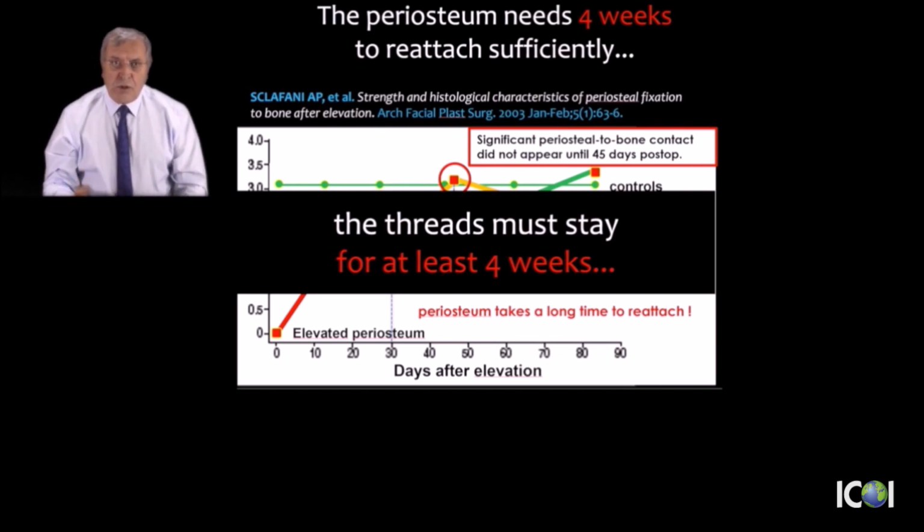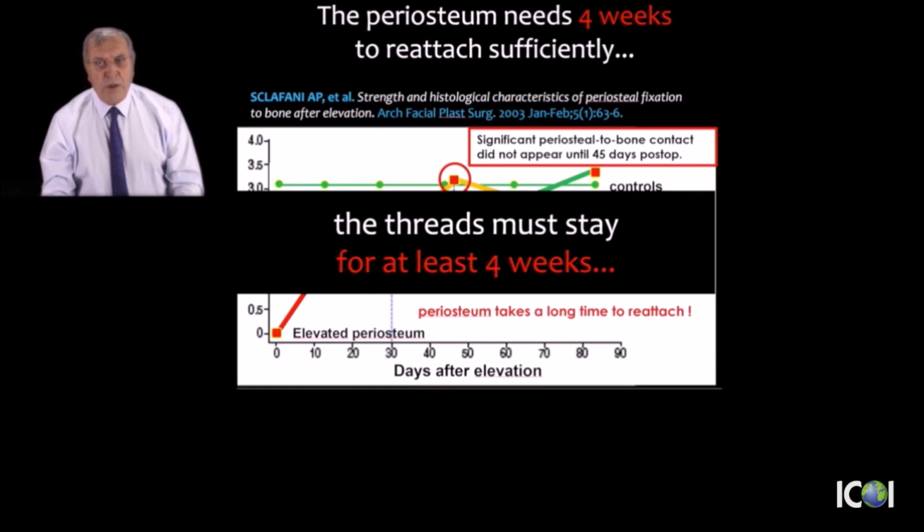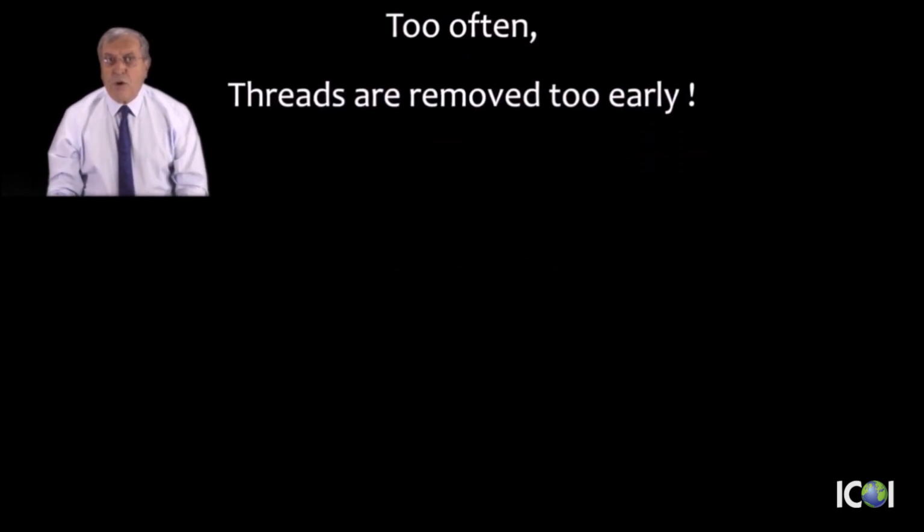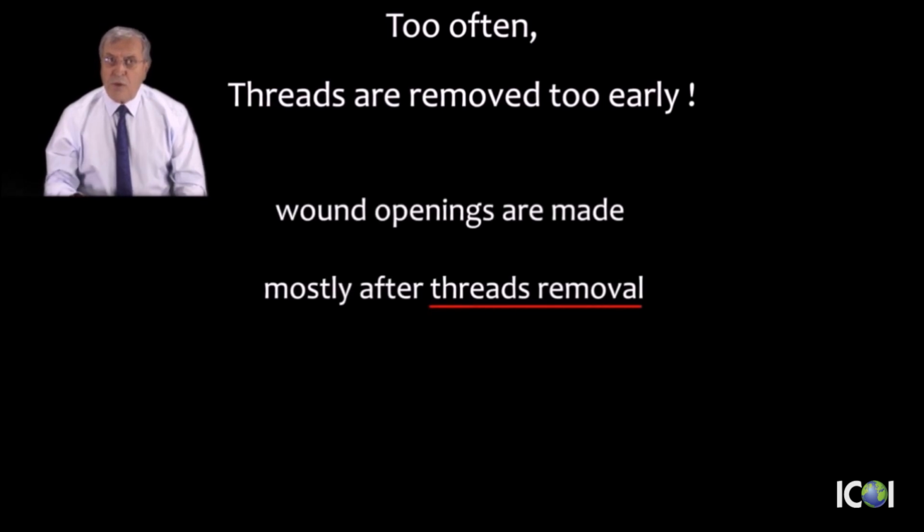Usually surgeons remove the sutures after 1 week, 2 weeks, 10 days. No, we must stay 4 weeks if we want to help the periosteum to reattach completely. Too often, the threads are removed too early, and we meet the wound openings mostly after the threads removal.